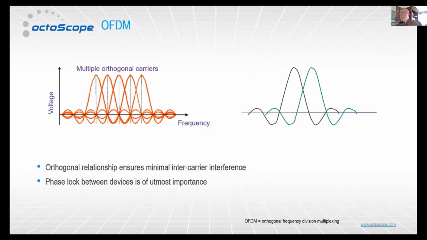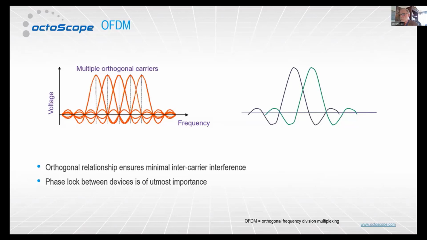An important aspect, though, about OFDM is that these carriers must be orthogonal. So by orthogonal, what we mean is that adjacent carriers do not interfere with one another. And if you take a look at the response there, you'll see it goes through 0 right exactly where each adjacent carrier is.